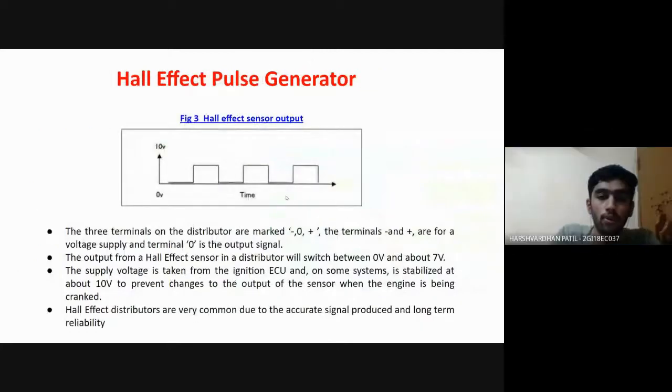Here's the output: the x-axis is time and the y-axis is voltage. The output of the Hall effect sensor in the distributor ranges from 0 to 7 volts. The supply voltage is from the electronic circuit unit, and on some systems it is stabilized to 10 volts so that it prevents changes to the sensor output when the engine is being cranked. These are very commonly used due to their accuracy and long-term reliability.